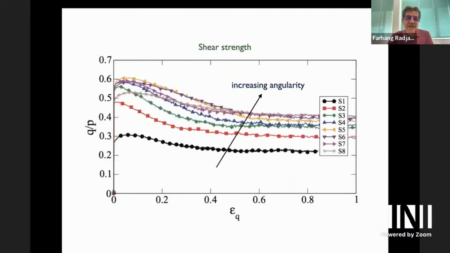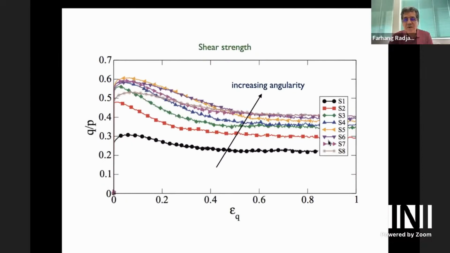And we have been interested mostly in the mechanical behavior. So here you see the shear strength. Q over P here is the normalized shear deviator stress in sheared packings of these particles for different numbers of faces. So the angularity is increasing. And you see for spheres, down here, we have a peak value of the strength, which is here.